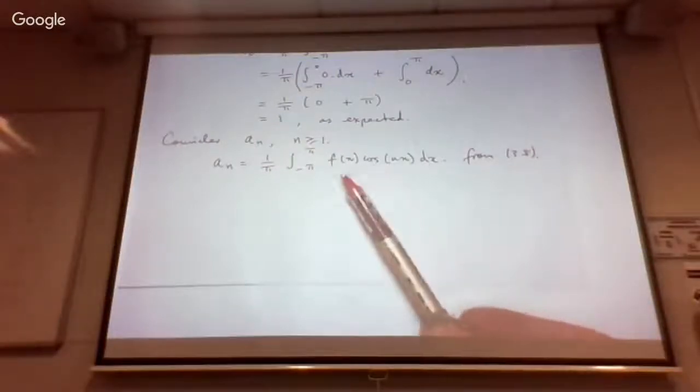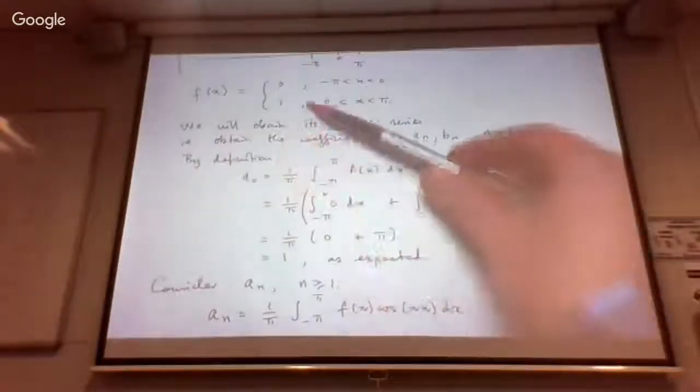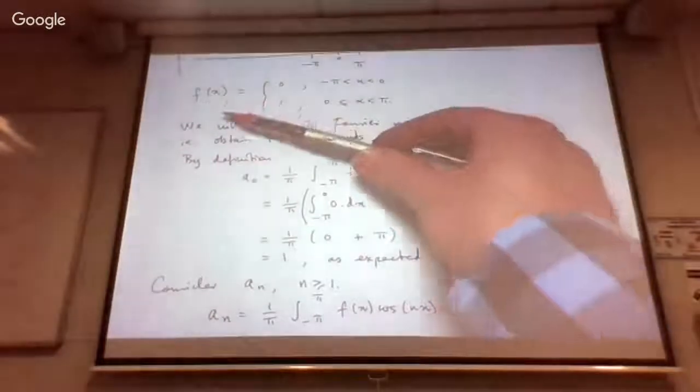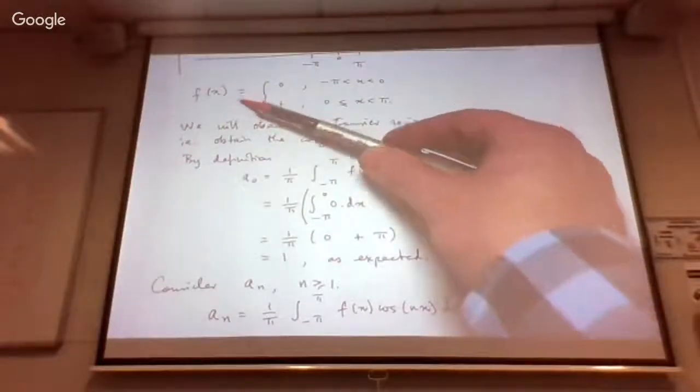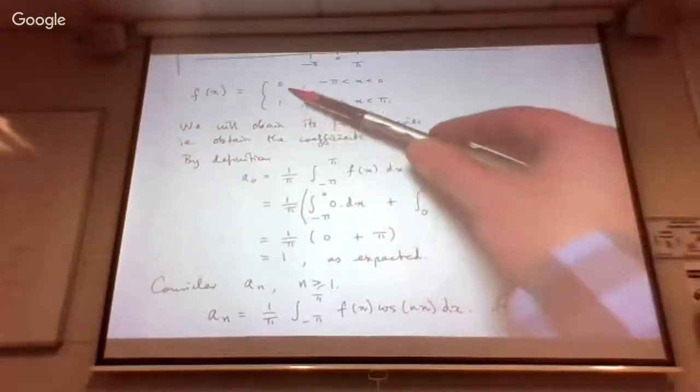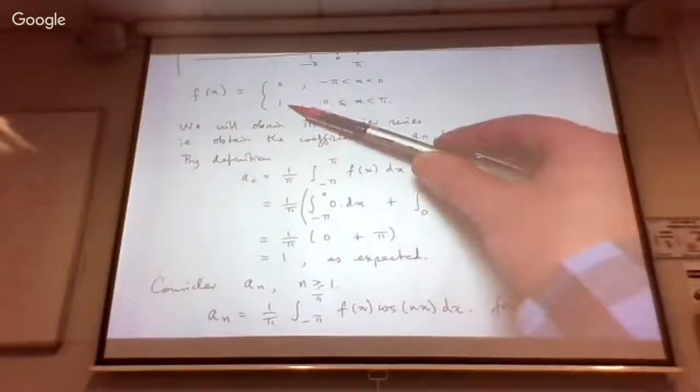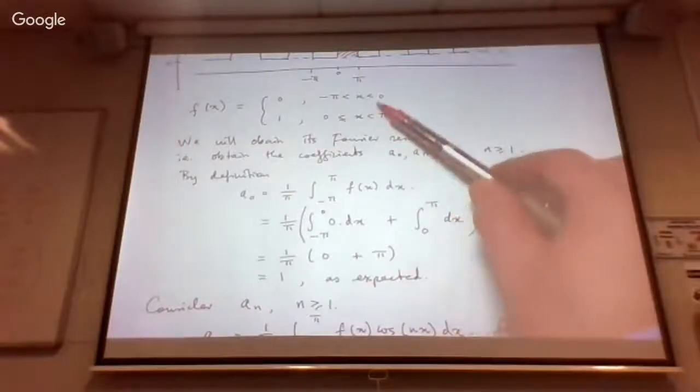It looks intimidating. We have to multiply f by this cosine, and f is this funny function, but really f is fairly simple. It's 0 for half of the time, and then it's 1 for the rest of the time. So again, that tells you to split your integral up according to these cases.